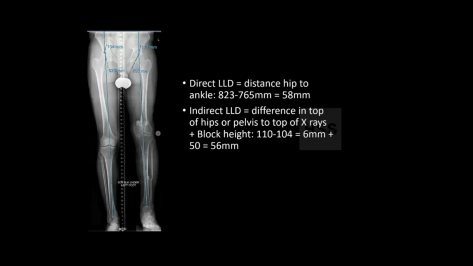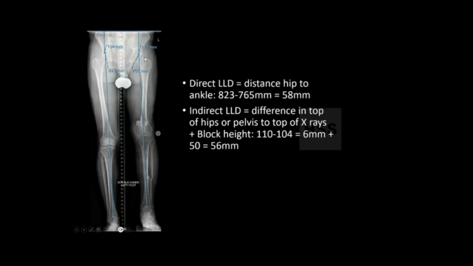So in order for us to clinically figure out leg length discrepancy, we put a block under the short leg and try to level the pelvis. In this case, we put a 50 millimeter block under the left foot and said that looks pretty level. Then we got an x-ray and it showed it was not quite enough. We were 6 millimeters off. He needed 6 more millimeters.